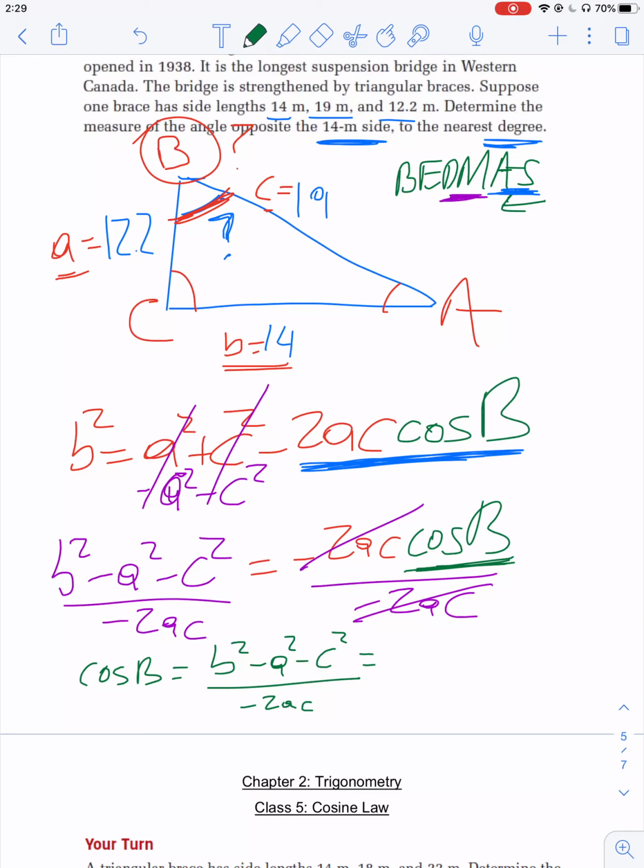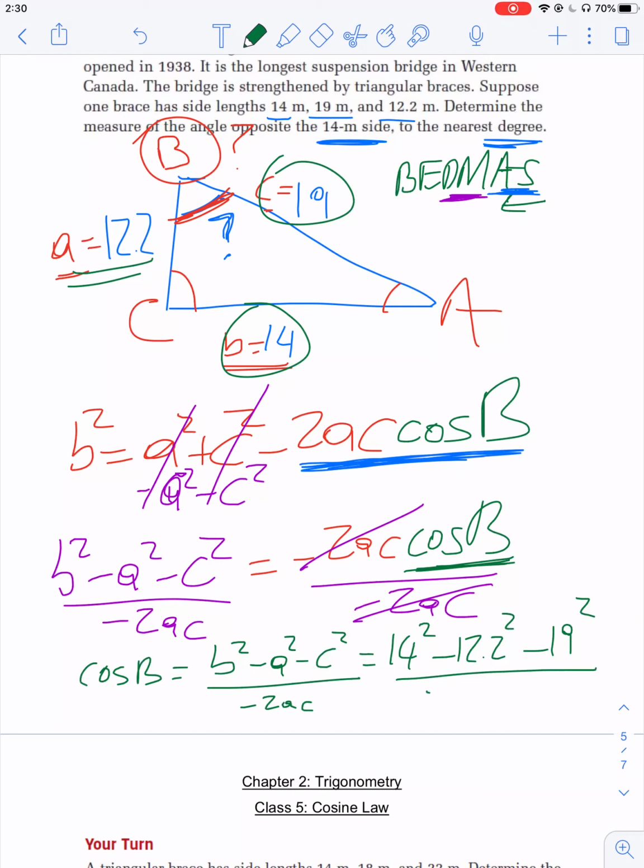So what is b? Based on the picture, it's 14 squared, minus a, based on the picture, is 12.2 squared, minus c is here, 19 squared. And then you have to divide this by minus 2 times a, which is 12.2, and then times c, which is 19, okay?